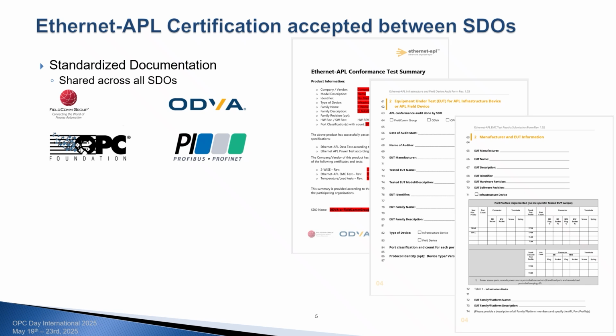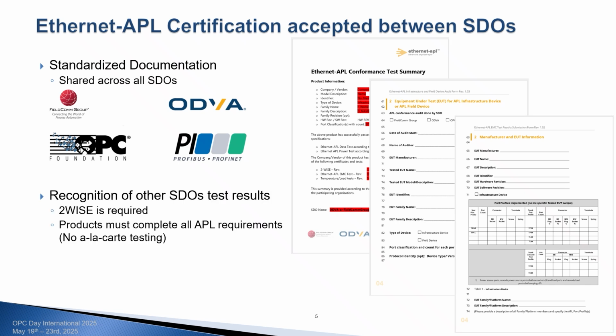We would accept the APL portion of the certification, and we would just be testing the OPC UA communications on the device. The same goes if you test it in the OPC lab: the other organizations will accept our results. So the key thing here is that tests are shareable. There are certain requirements, and we can't do a la carte testing. You have to do the complete set of tests, and you have to use the tools as required. But it's a fairly normal set of restrictions, so you just have to have complete tests.